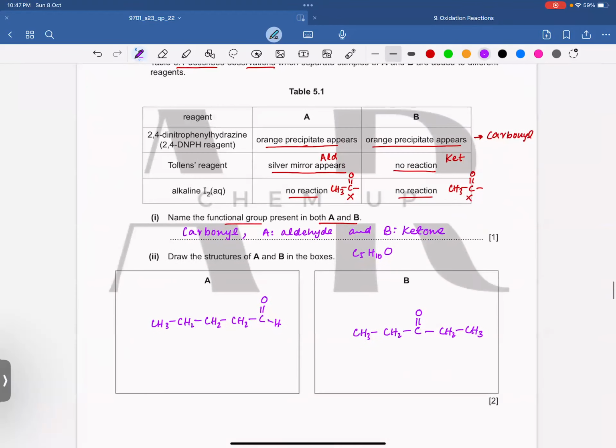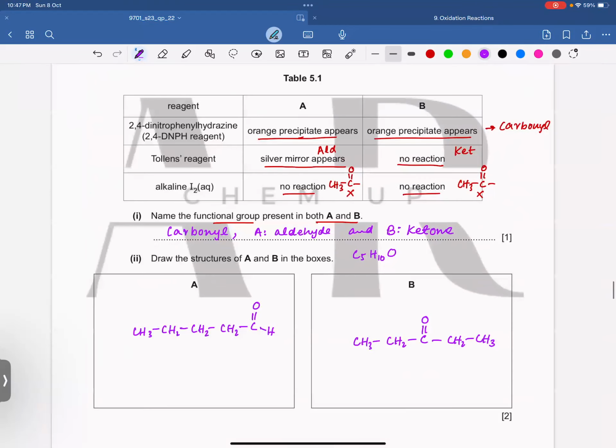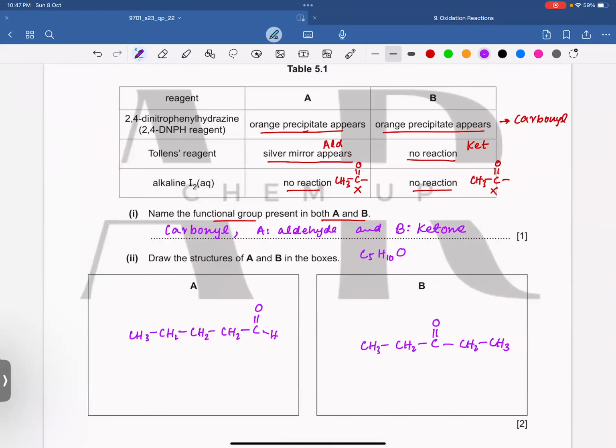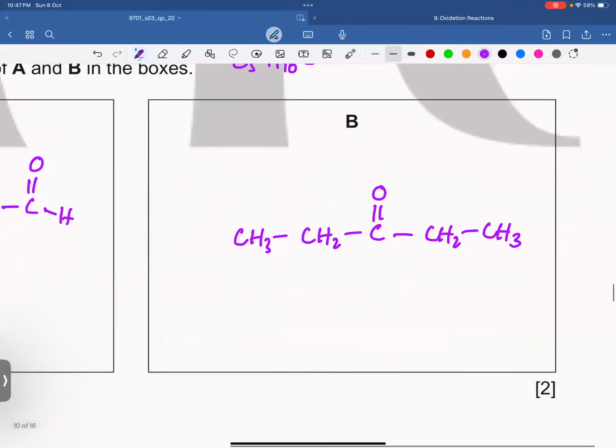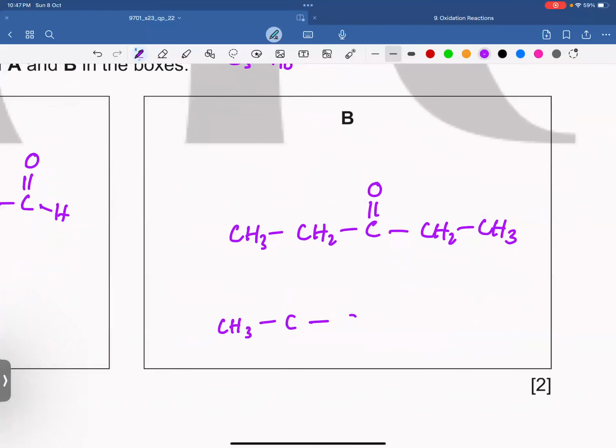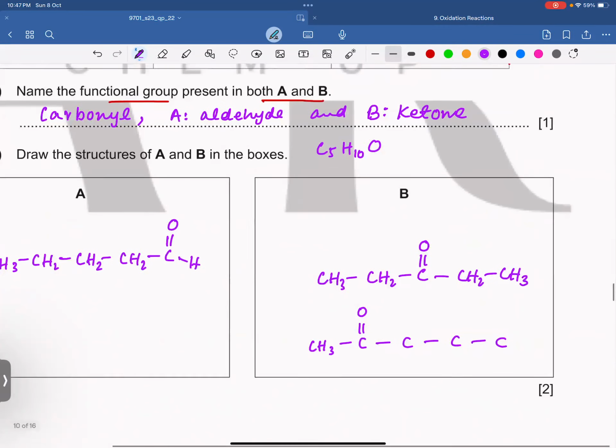Yes, sir. In B, can I put C=O anywhere, except for terminal carbons? No, not any carbon, because if you see there are 5 carbons, right? If you put it over here, it is a ketone, but in this ketone the C=O is next to CH3, right?